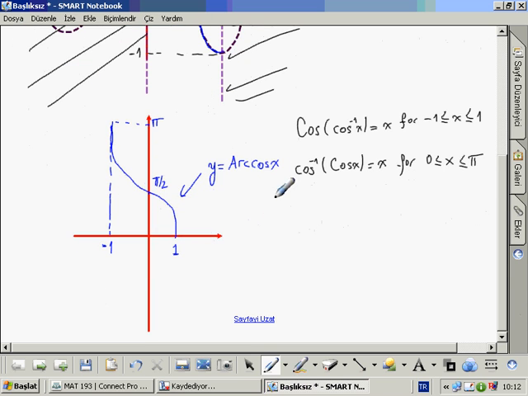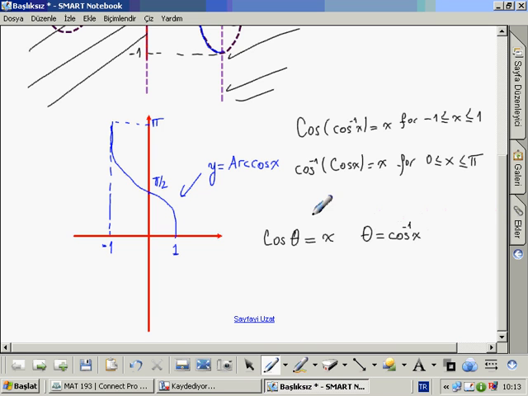Of course, if cosine theta equals x, you can write theta equals inverse cosine x.